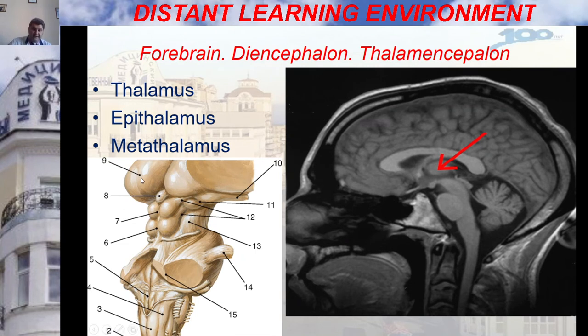You may see the terminal sulcus here, and you may see also the caudate nucleus of the telencephalon. This sulcus is a border between the diencephalon and telencephalon. A band of brain matter, the stria terminalis, passes in the sulcus.